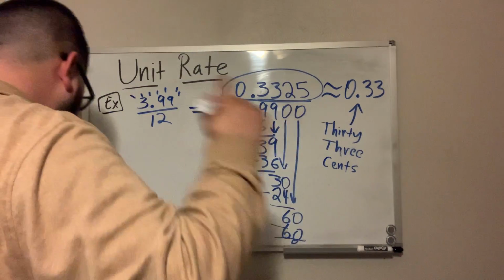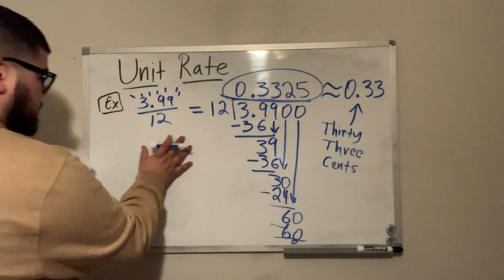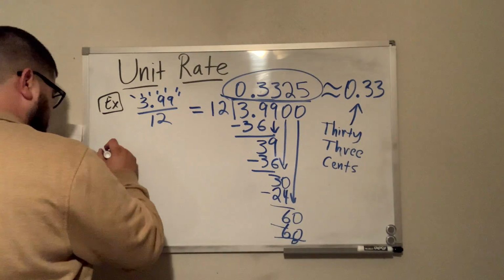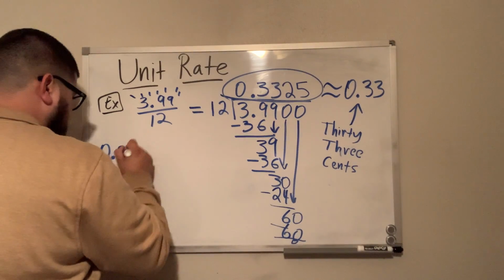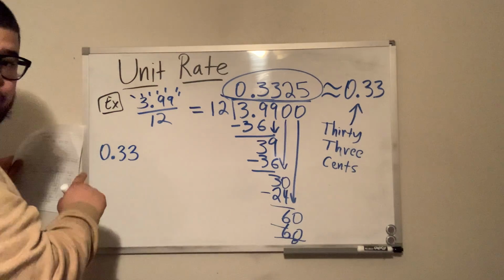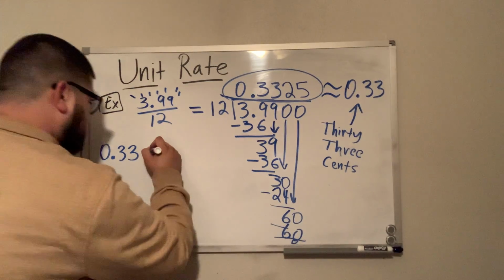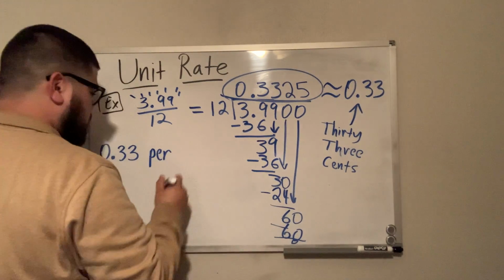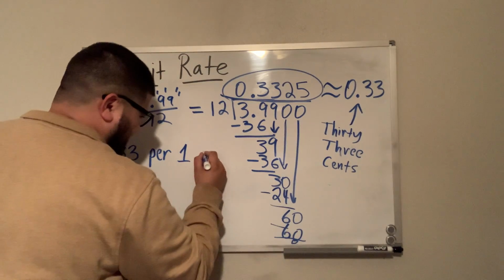That's what that is. Now, I'm going to write what we got right here. This is 33 cents per 1 can.